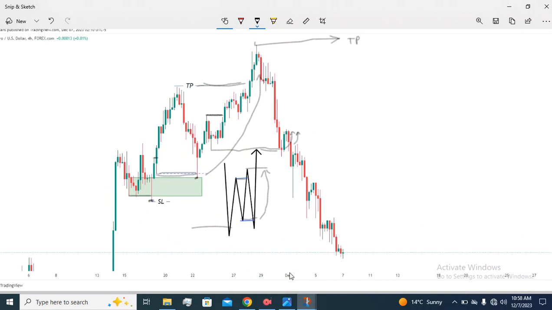Yes, and you will be surprised how this model is magical.